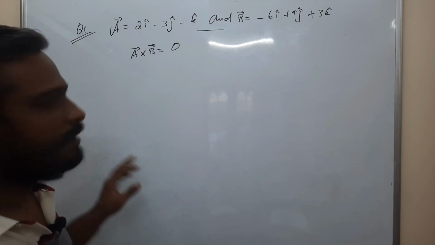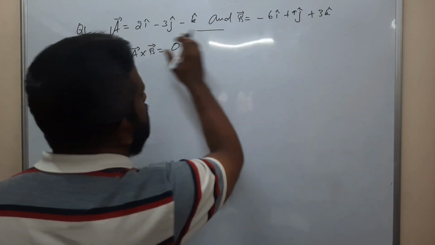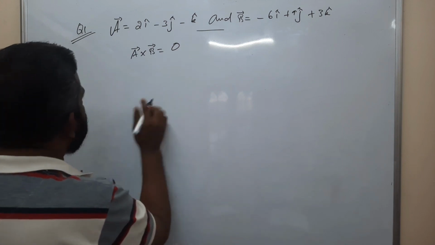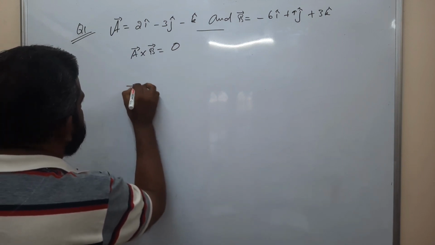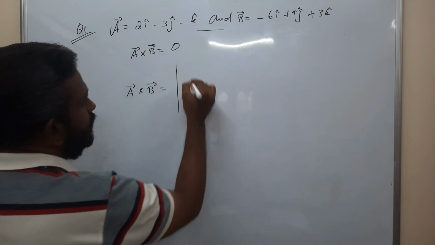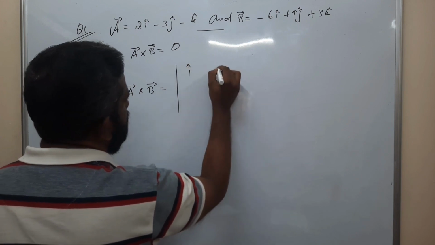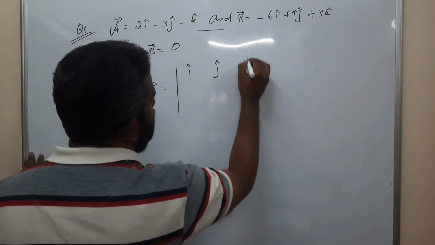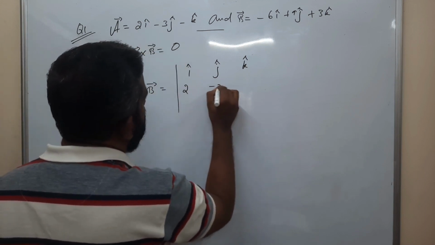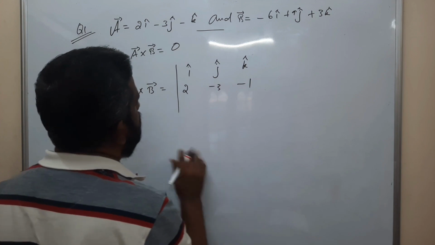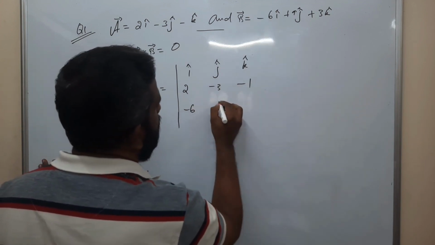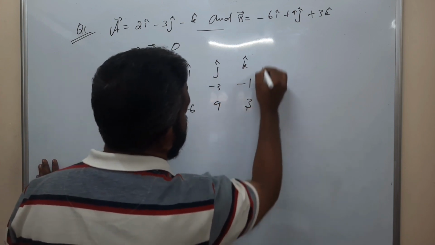The vectors are given in rectangular component form, so a vector cross b vector is equal to the determinant of I cap, j cap, k cap. The coefficients of a vector are 2, minus 3, minus 1, and the coefficients of b vector are minus 6, 9, 3.